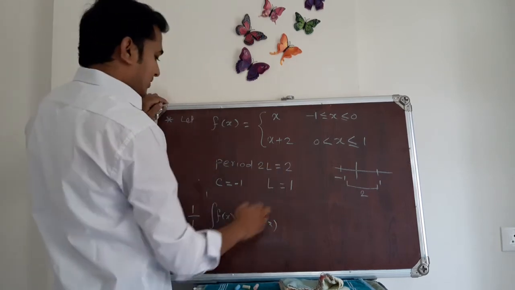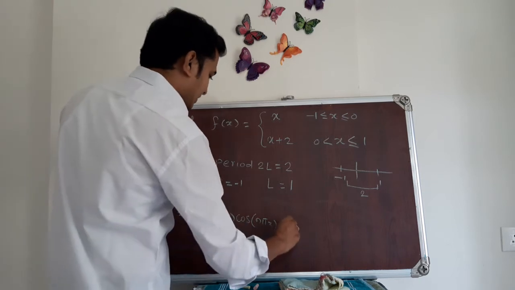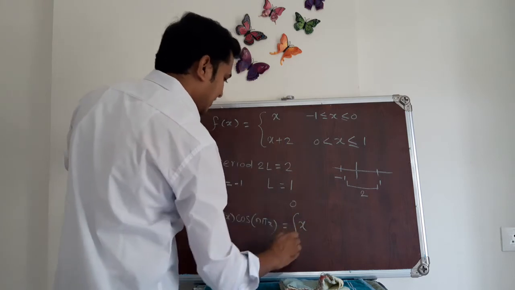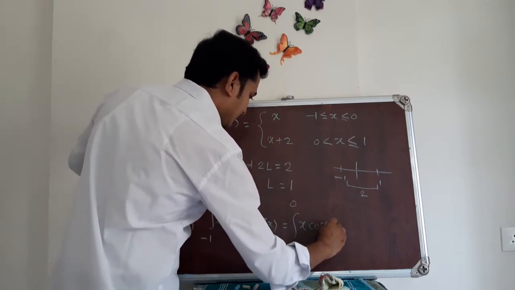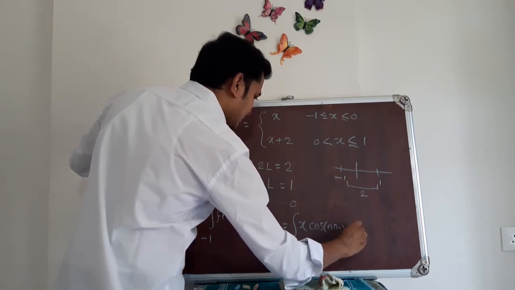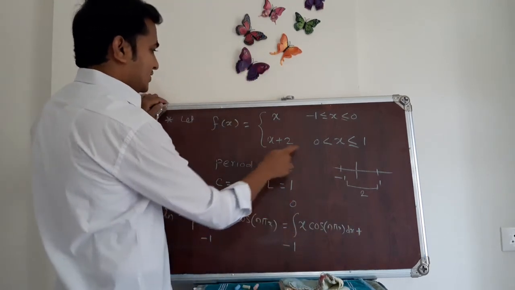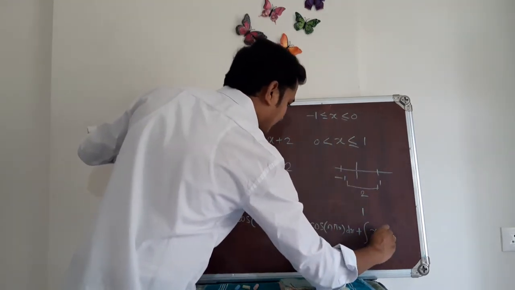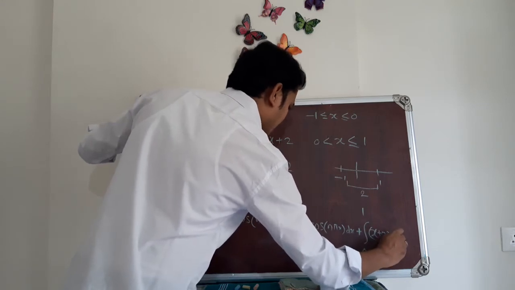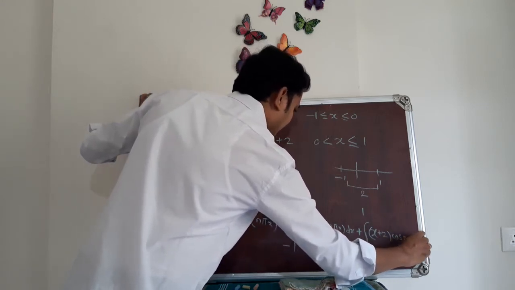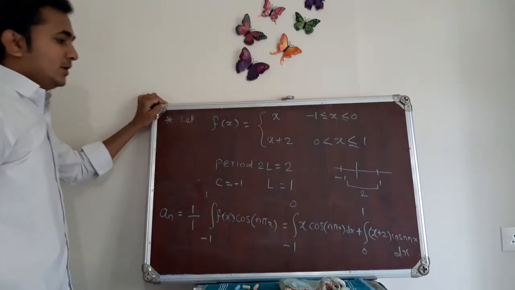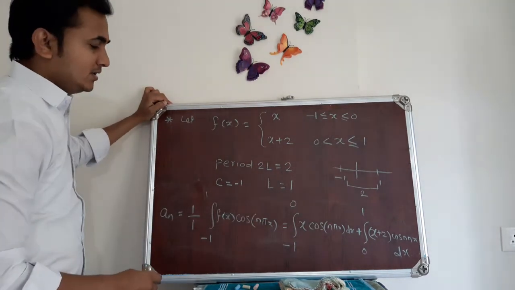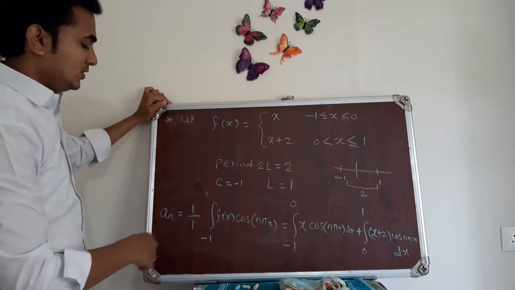Now again you are going to split these limits, so that is minus 1 to 0, f of x is x for that interval, cos n pi x dx, plus 0 to 1, f of x is x plus 2, cos n pi x dx. Now you can do this integration using the generalized integration by parts rule.